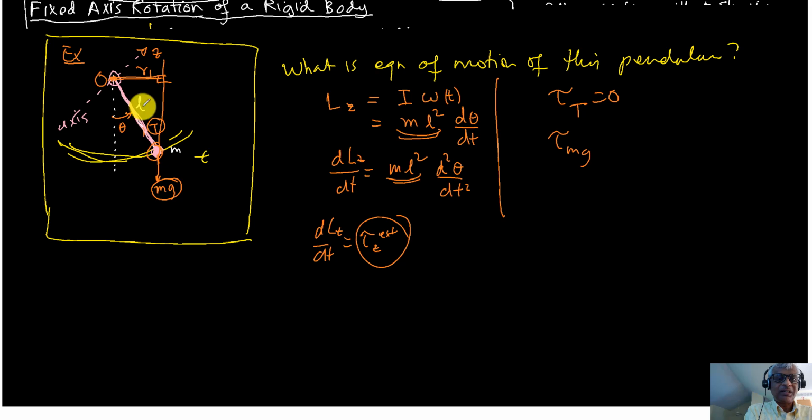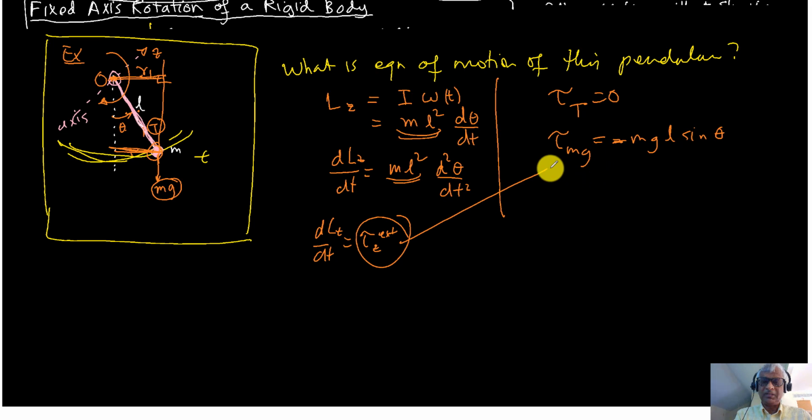And you can see mg is trying to rotate it clockwise, which is going to be minus. If you use this angle, then the lever arm is L times sine theta. So this is minus mg L times sine theta.